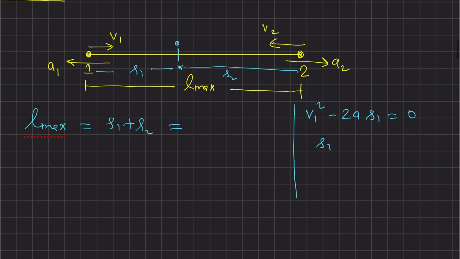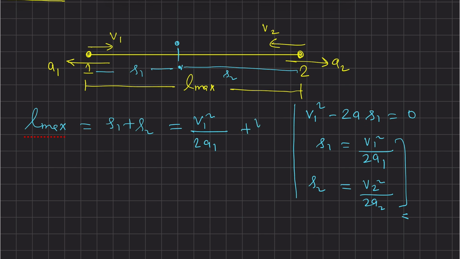So s1 is equal to v1 squared by 2a1. Similarly, s2 is equal to v2 squared divided by 2a2. If I sum both of them, the answer will be v1 squared divided by 2a1 plus v2 squared divided by 2a2. This is the solution they show me, and of course this answer is wrong.